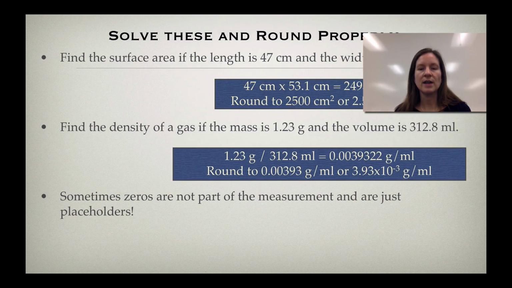Okay, so you can see when I divide them this time, I get this decimal, and so the question always is, if I'm going to show three measured values, where do those measured values start? Those zeros in front aren't considered measured, they're considered place values. You need them there in order to get to your number, but there's no value there to record. So your first measured value then is the 393, that's 3 of them, and that's all you'd report.